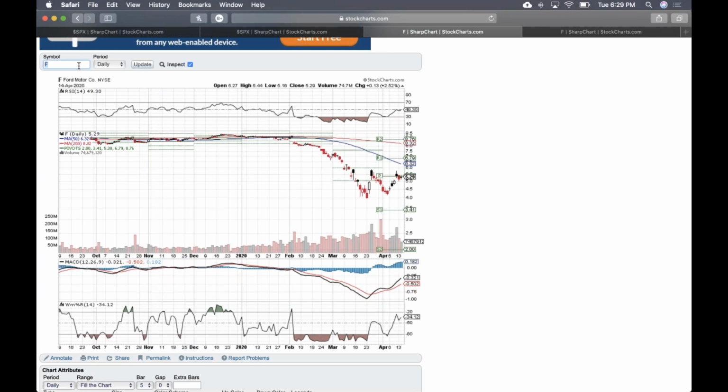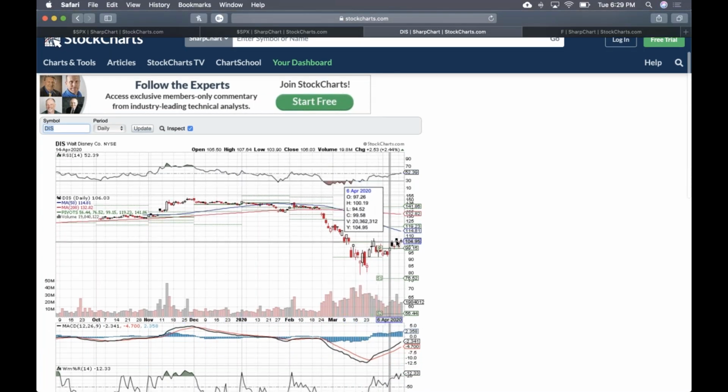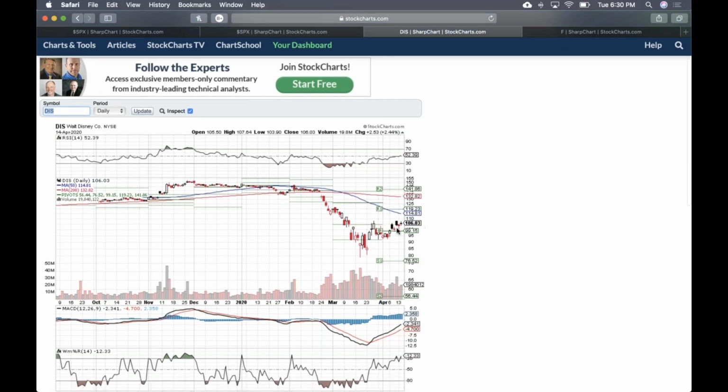We just learned. And kind of the real first day that Disney's been able to hold a 105. Obviously, it's just one day, but we have higher highs, higher lows. So that is a nice thing to see.